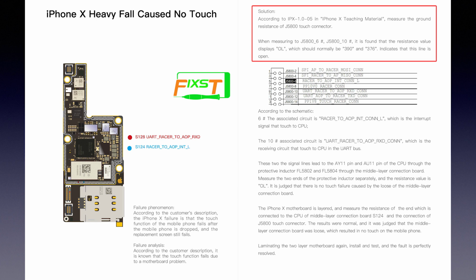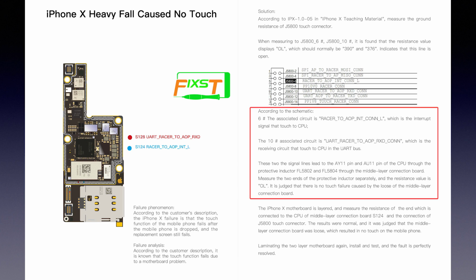In that case, this line is open. According to the drawing, pin 6, the associated circuit is RACER to AOP-INTCONNL, which is the interrupt signal that touch sends to the CPU.